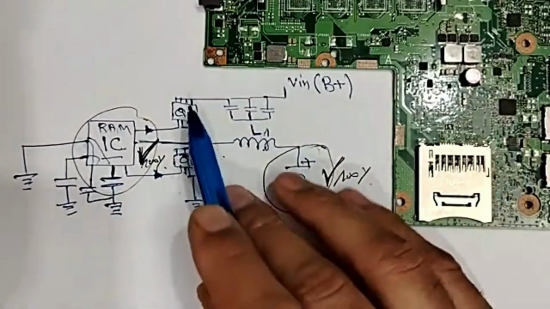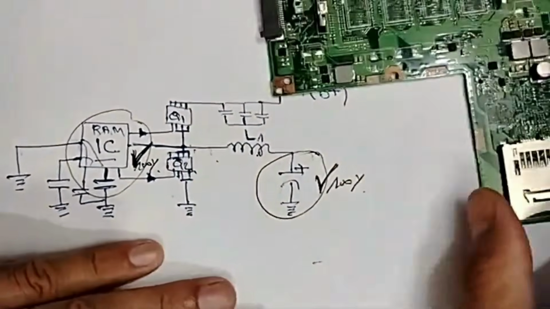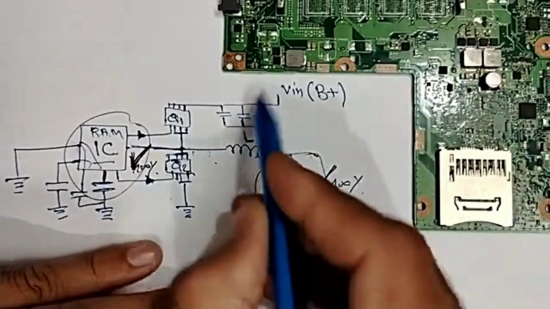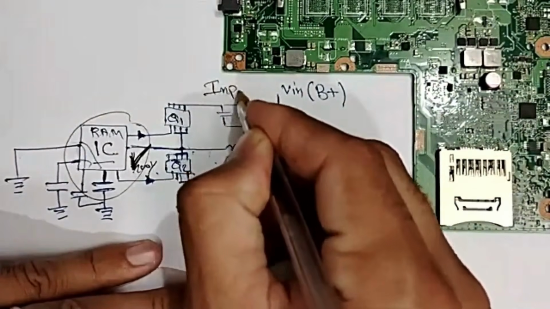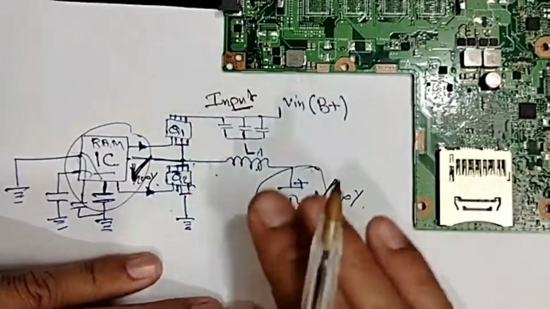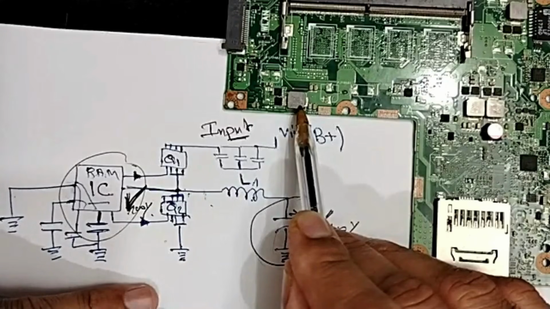Now let's locate these components. Now guys, here we have the inductor. Here we basically have the input. If you understand this schematic, it is one-time learning, one circuit for all circuits.